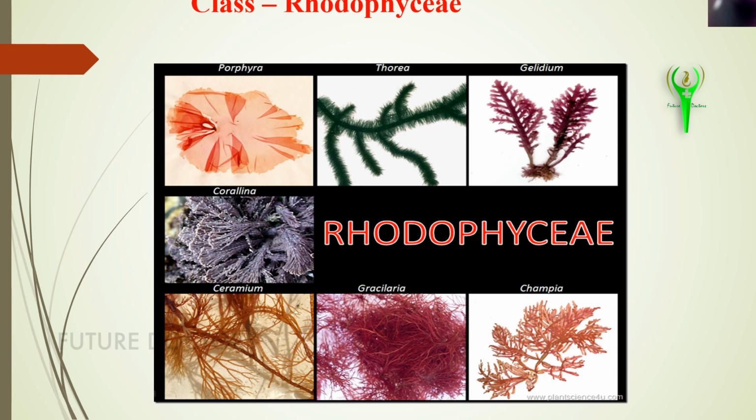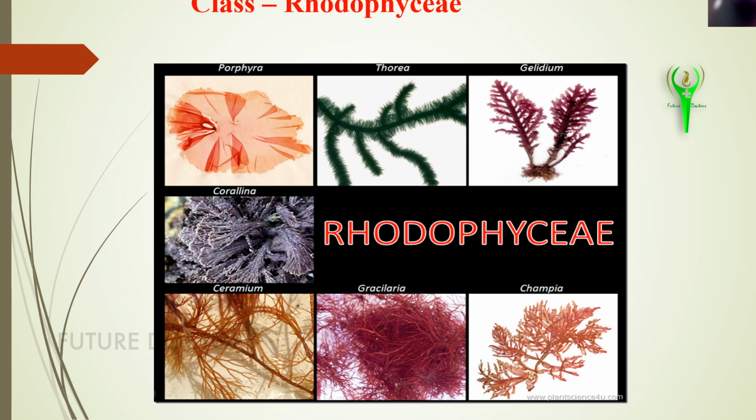Red algae like Porphyra, Chondrus, Rhodymenia, Centroceras and Bostrychia are used as food in various parts of the world. Agar-yielding algae are called agarophytes, such as Gelidium, Gracilaria, Gelidiella, etc. Algae like Rhodymenia are used as fodder for cattle.